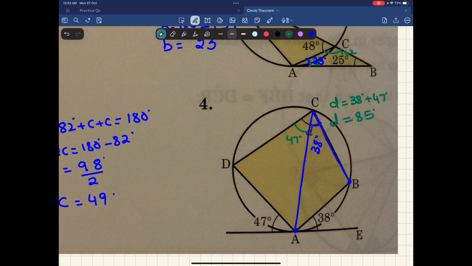There were so many ways coming to my mind to solve this question. But since we've not covered the angle properties or the cyclic quadrilateral properties as yet, I was trying to figure out how we could solve this question using the alternate segment theorem. But there are so many ways to solve this question.